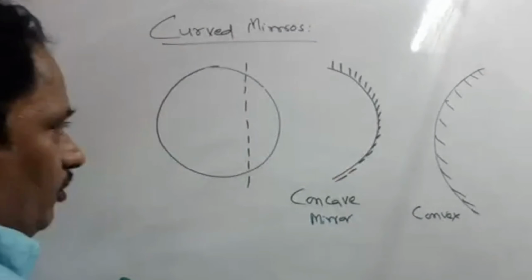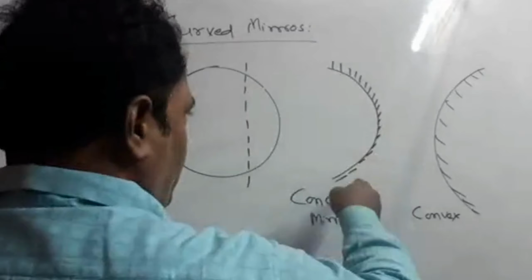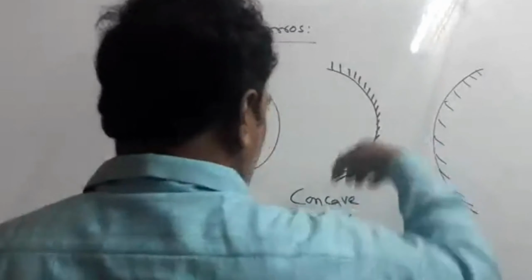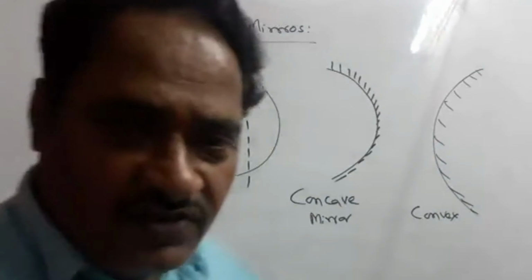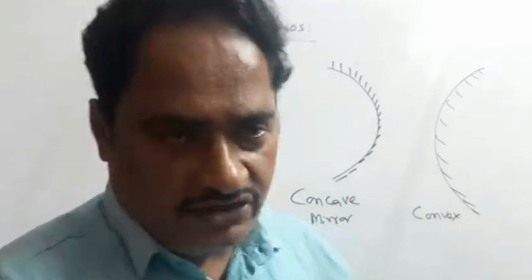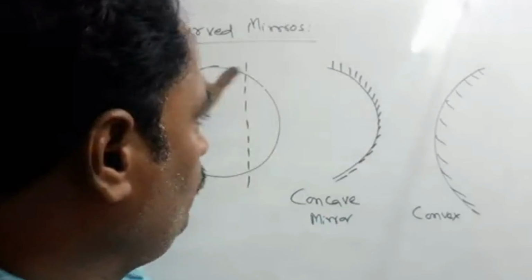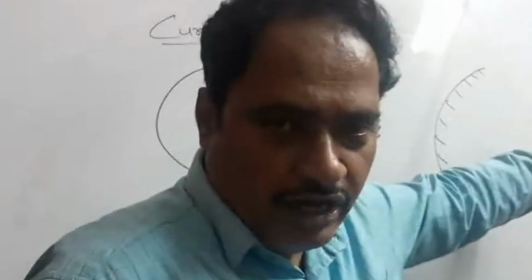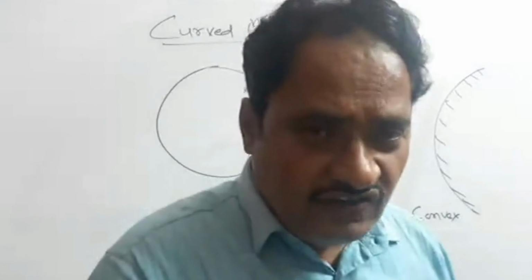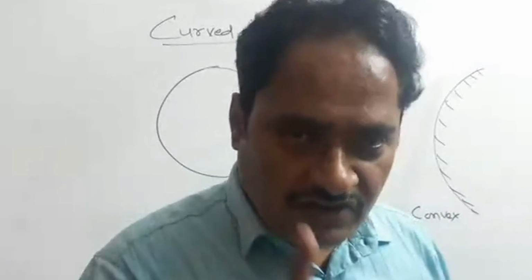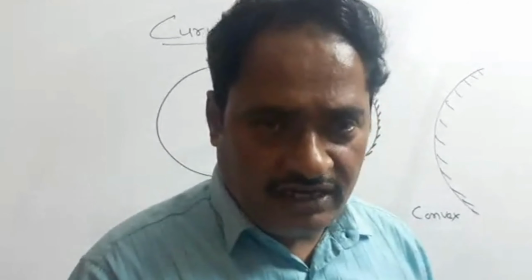Here you may get one doubt, sir, we can draw the same figure so that we can take the inner surface as polished. Here there is a sign convention. That means always we have to move from left to right. So always incident light rays, in the case of the first one, you have to imagine are from left to right.